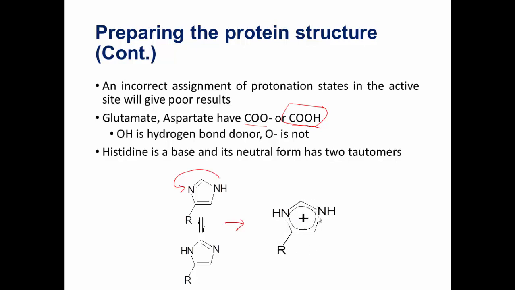This has a higher possibility of forming hydrogen bonds because of the presence of two hydrogens, this hydrogen and this hydrogen. So this protonated form has a good chance to form two hydrogen bonds this way and this way. This is the end of our talk concerning molecular docking.